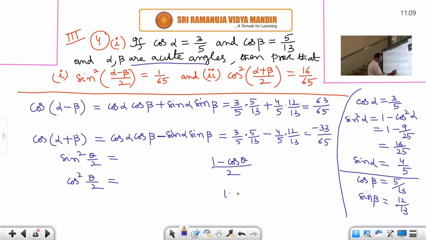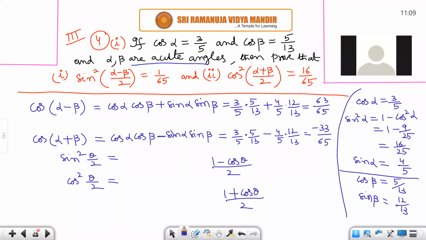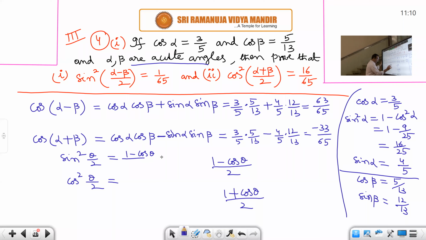The other one is 1 plus cos theta by 2. Which is which? Sine square theta by 2 is 1 minus cos theta by 2, sir. Very good. 1 minus cos theta whole by 2. What is cos square theta by 2? 1 plus cos theta whole by 2, sir. So using this, we can find.